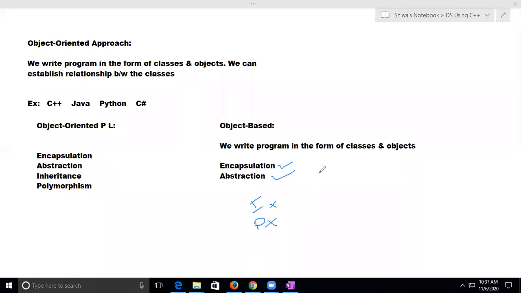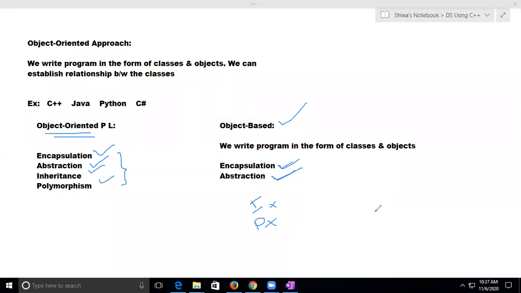If any language supports encapsulation and abstraction, that is called object based. If a language supports encapsulation, abstraction, inheritance, and polymorphism, these four concepts, that is called object oriented. Remember this.